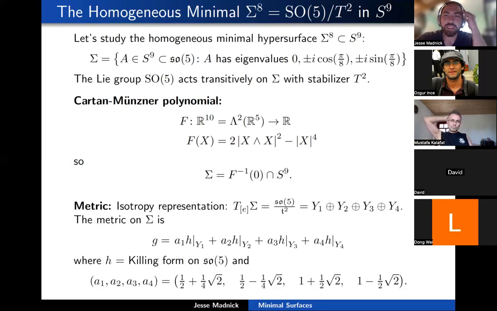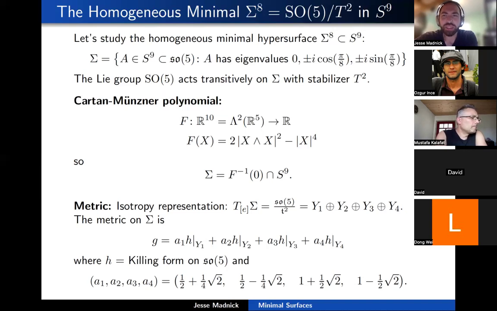I have to emphasize this, because many times when I give this talk, I'm asked about the metric on sigma. The striking thing about this metric is that there are no repeated numbers when you write it in terms of the isotropy representation. All these 4 numbers are different.